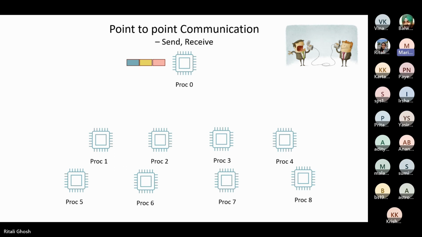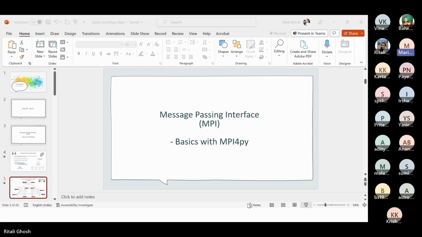The simple send and receive operation, which is what we will try initially: you have something in processor 0, a data set, an array, or a dictionary, and you want to send it to one of the others. So you do comm.send from the processor that has the data set, and you send it to one of the other processors, which does comm.recv.